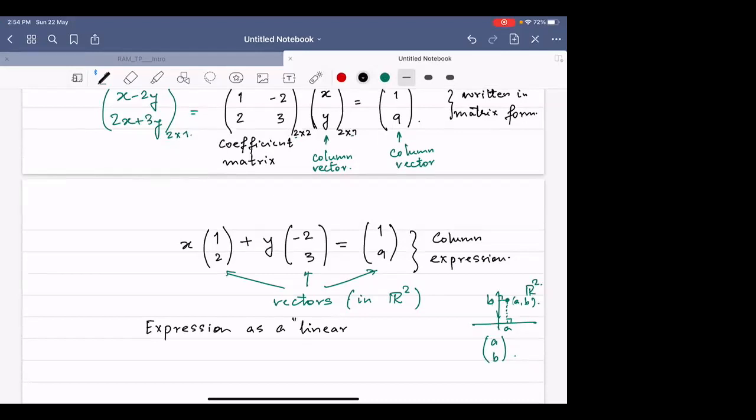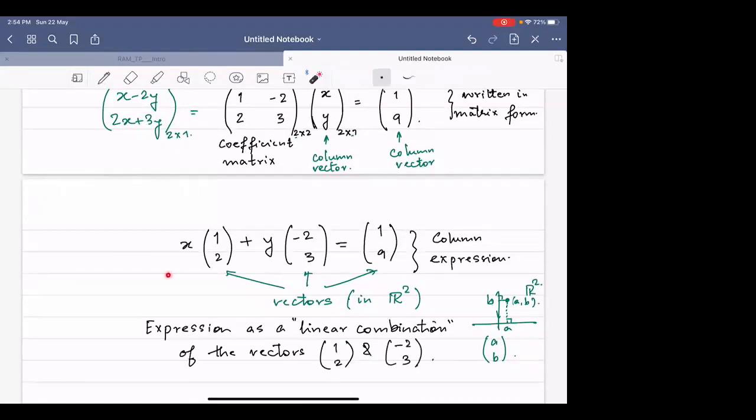So I would like to ask Adityan if he could talk about linear combination in his lectures already. Expression as a linear combination of the vectors 1, 2 and -2, 3.